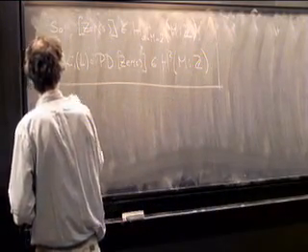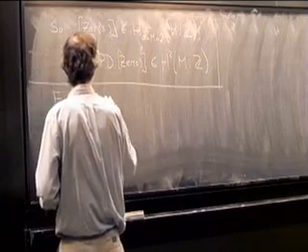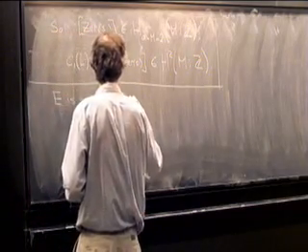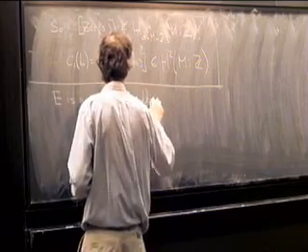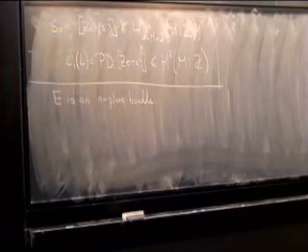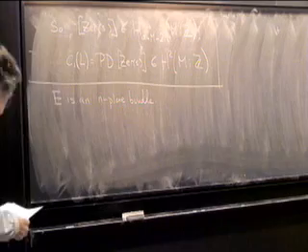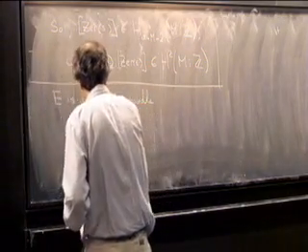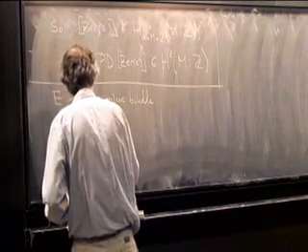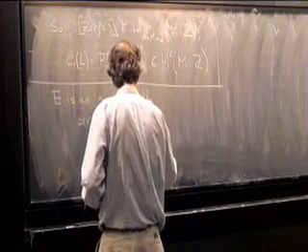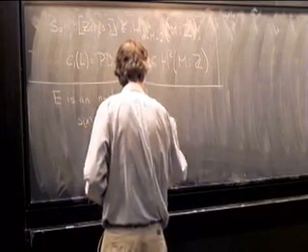So let's try and generalize this idea. Supposing that E is an n-plane bundle. That's another name for a rank n vector bundle. So now S of X equals 0 is n equations. Right?